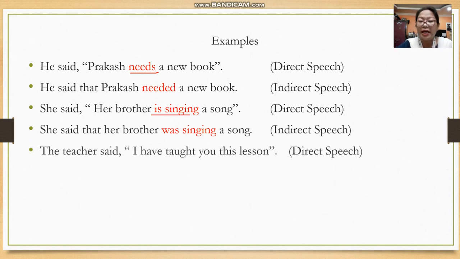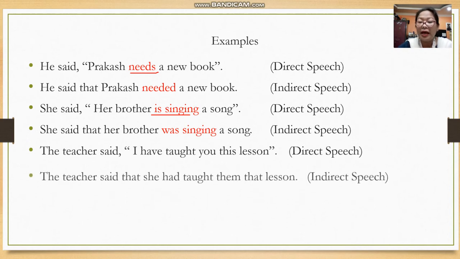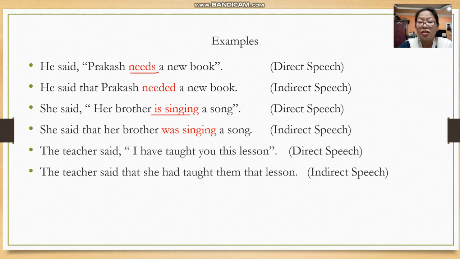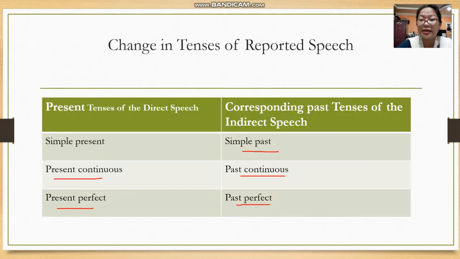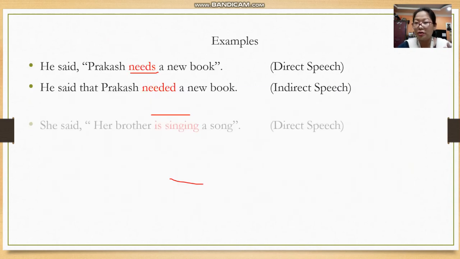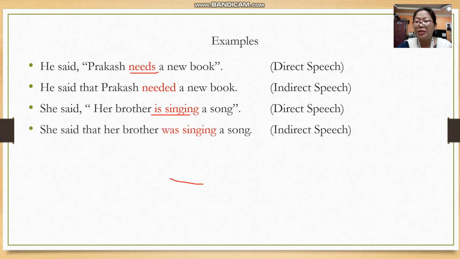The teacher said, "I have taught you this lesson." This is a direct speech. And it will become, the teacher had said that she had taught them that lesson. This one is the example of present perfect changing to past perfect in indirect speech. Okay, please remember this table.